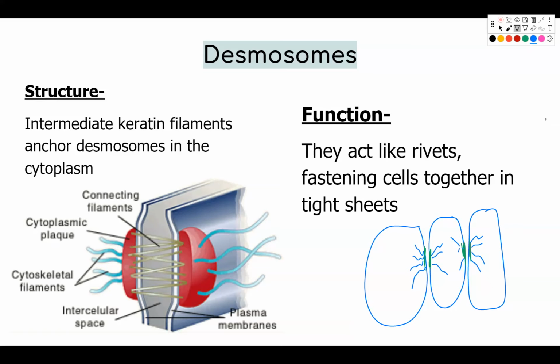And we have more filaments between the two, kind of stitching them together. These are going to be our desmosomes. Again, we are fastening cells together in tight sheets. Epithelial cells also have a lot of desmosomes because that is where we are really, really worried about stuff being watertight.